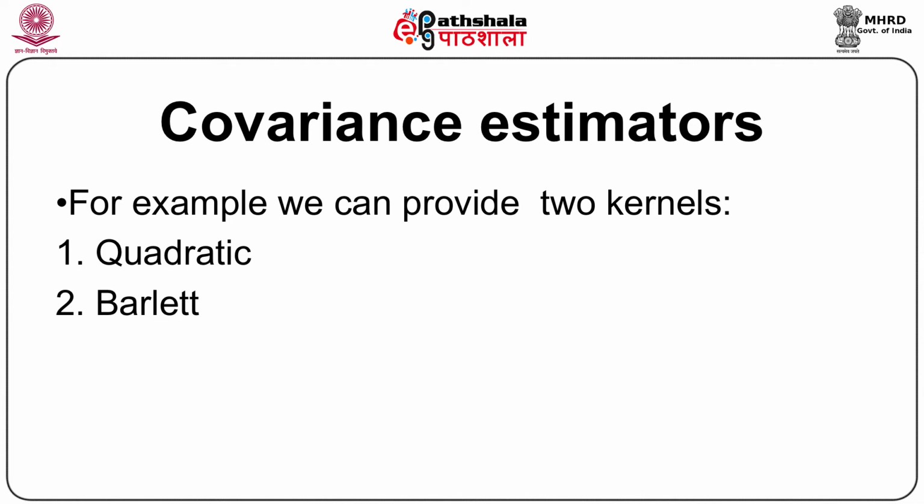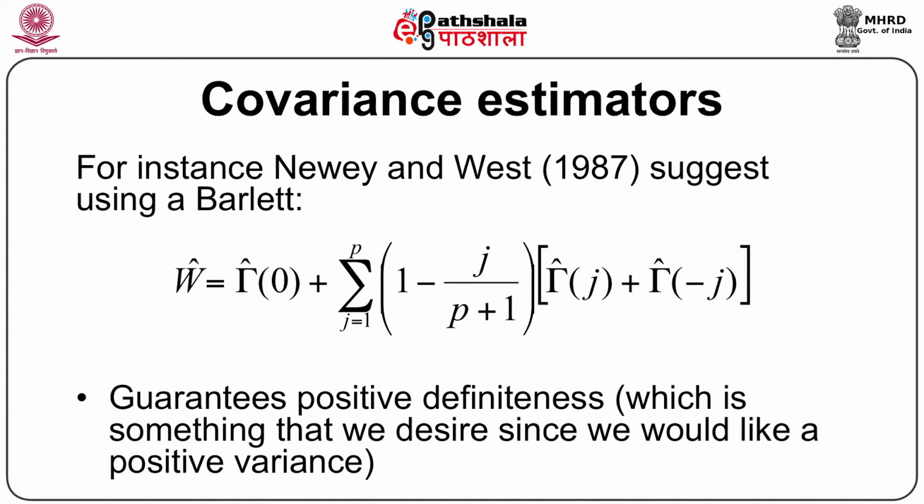Now, in the literature, you have two types of estimator. One is quadratic and the other is Bartlett. For example, Newey and West suggest a Bartlett type of function where W hat is equal to gamma hat 0 plus the sum over j running from 1 to p of 1 minus j by p plus 1 multiplied by gamma hat j plus gamma hat minus j.